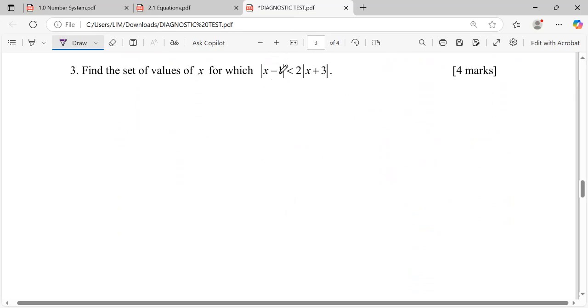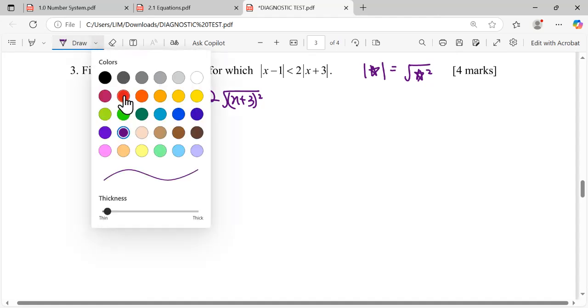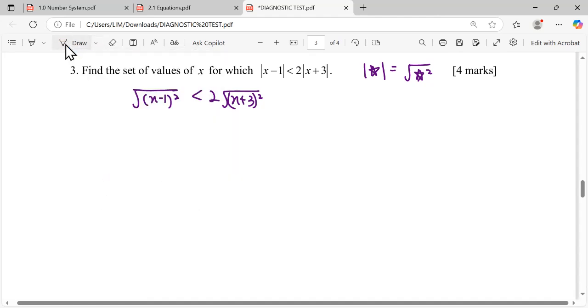When we have modulus on both sides, we exchange our modulus into the symbol of square root and square. So it will be the square root of (x minus 1) squared less than 2 times the square root of (x plus 3) squared. When I change the modulus symbol to square root and square, how are we going to solve this?